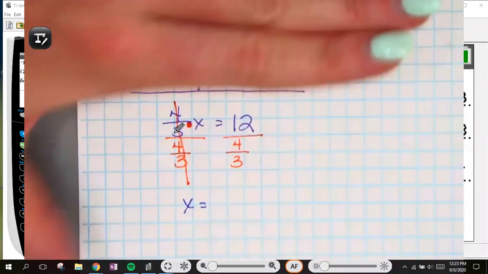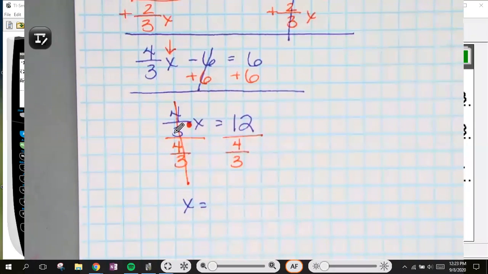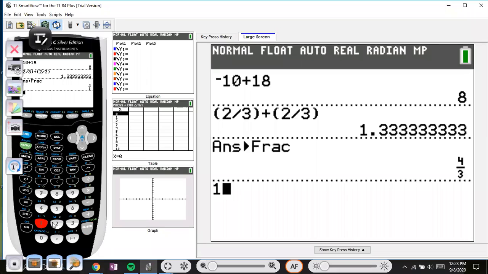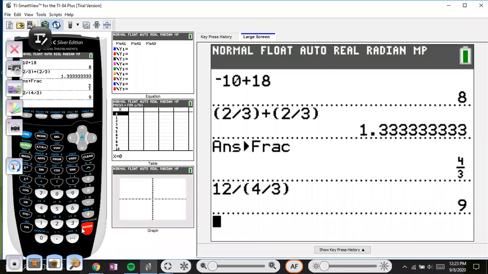And I don't know what 12 divided by 4/3 is, but my calculator does. So I have 12 divided by, parentheses, 4 divided by 3. And it comes out to a nice, beautiful whole number of 9.